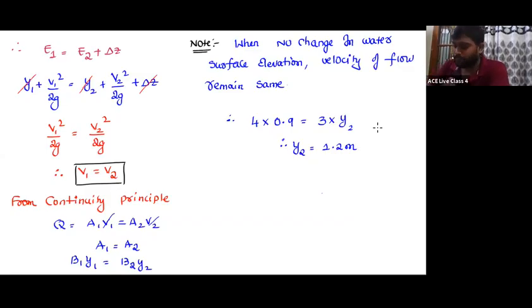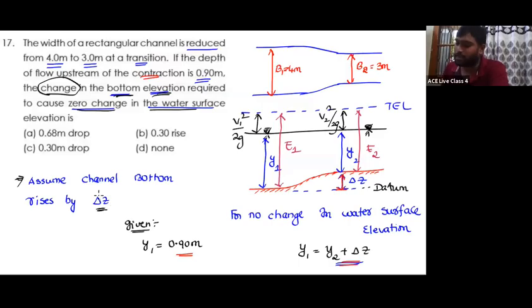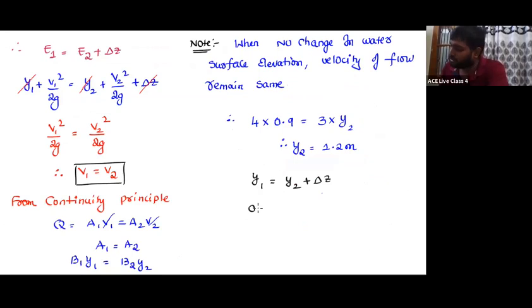Now from the relation Y1 is equal to Y2 plus delta Z. I assumed the channel bottom rises by delta Z, so that's the reason I got Y1 is equal to Y2 plus delta Z. Then Y1 is 0.9, equal to 1.2 plus delta Z. Now what is delta Z?